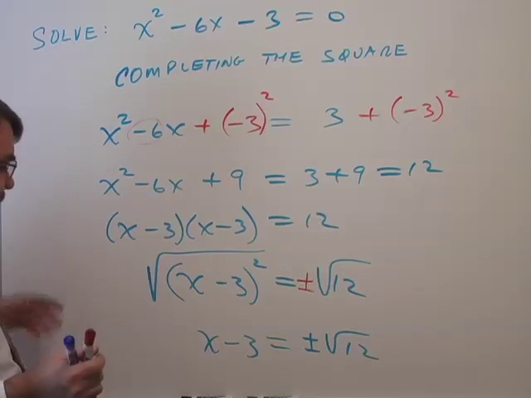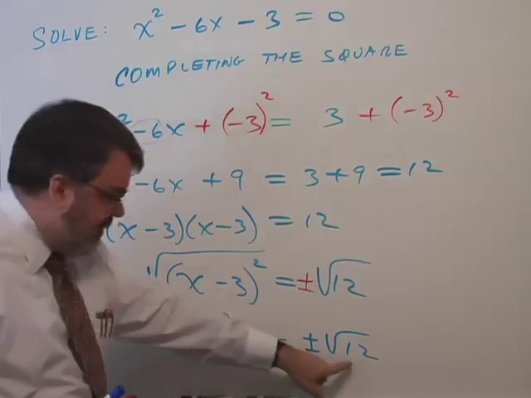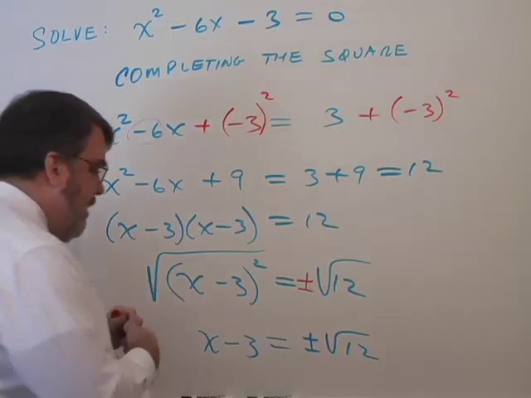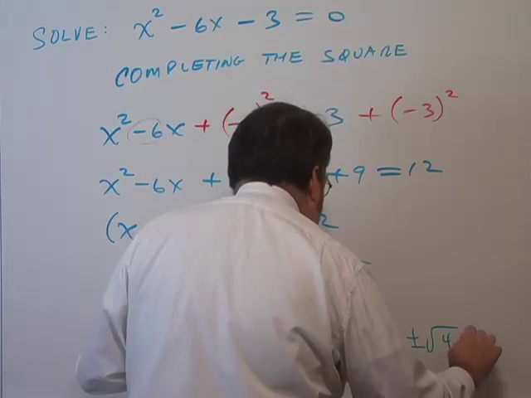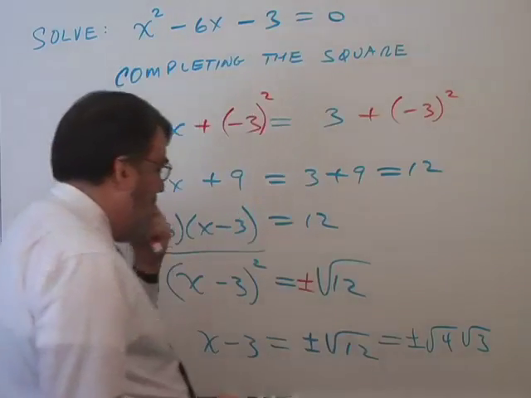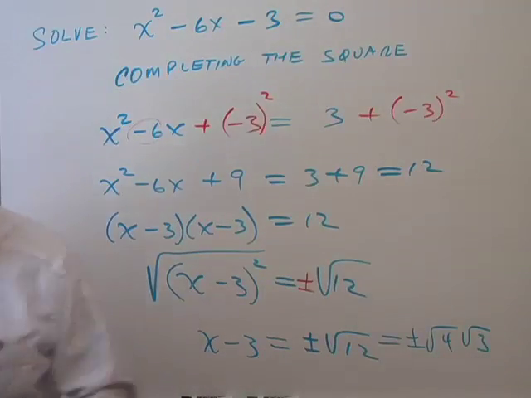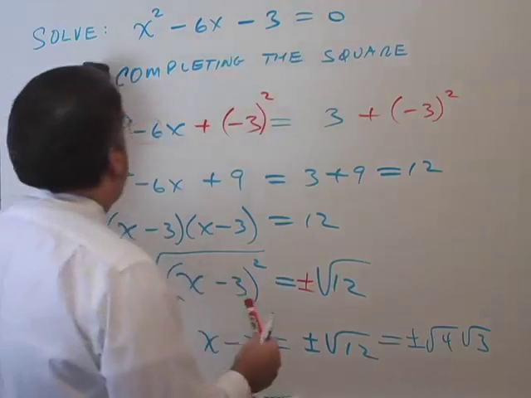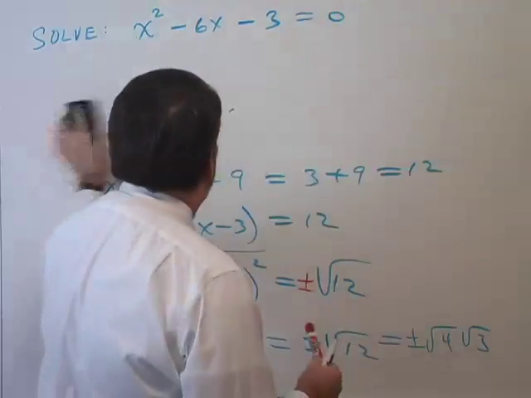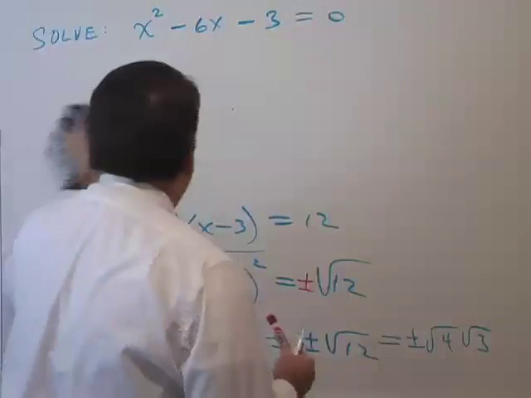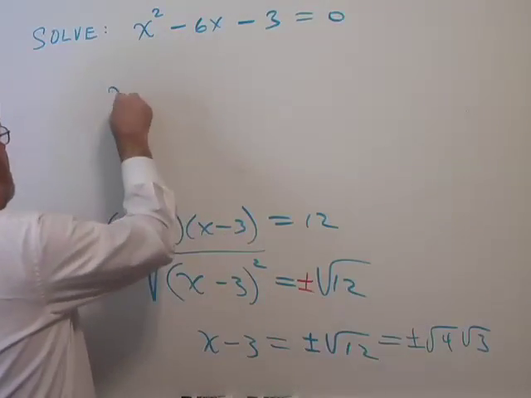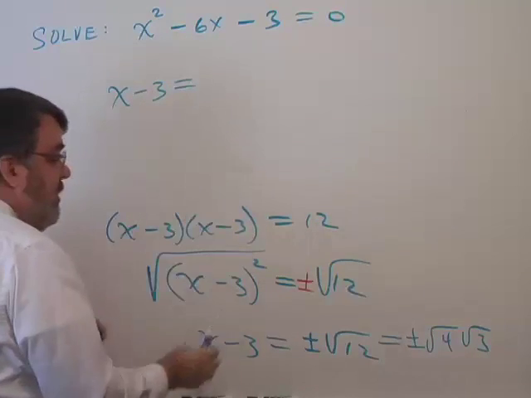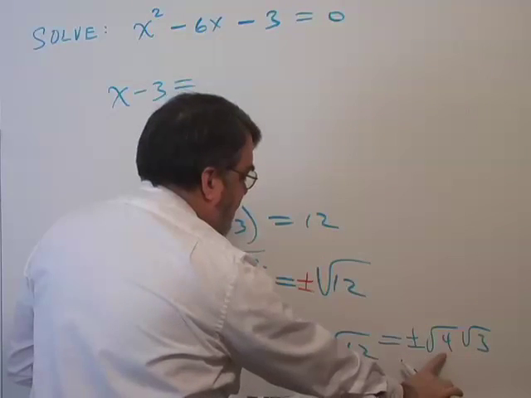All right, now let's go ahead and finish the problem. We should simplify the square root of 12. That would be the square root of 4 times the square root of 3. I need to make a little room here, so I'm going to erase up here. So I have x minus 3 equals plus or minus 2.